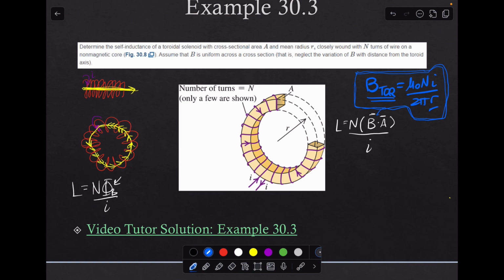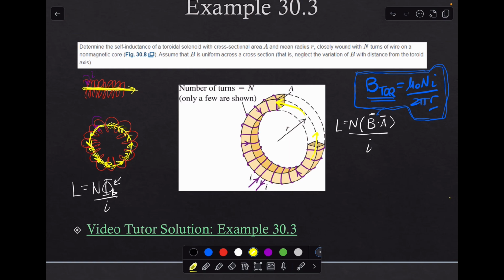Now the question is, well, what area is this B field penetrating? The area is going to be perpendicular to the direction of the magnetic field. Why? Because the area vector is perpendicular to the area itself. We saw over here that the magnetic field vector in a toroidal solenoid travels along the ring. So the magnetic field is going to be going through here, coming out of here.